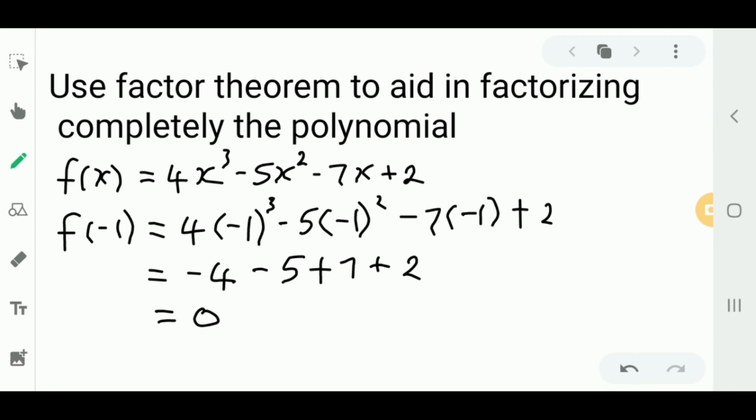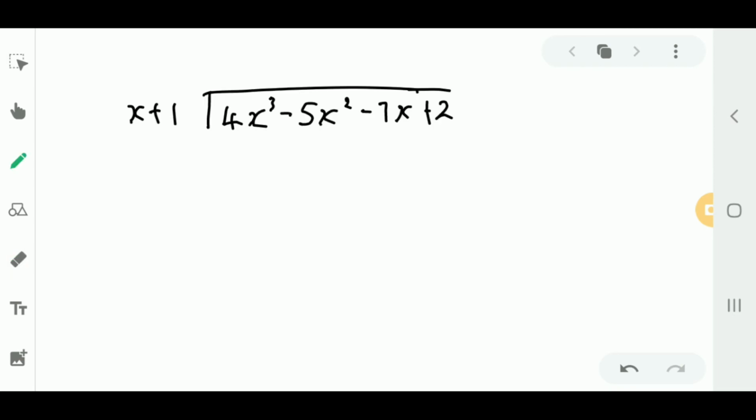So now that we found one factor, what we could do to find the other factors is trial and error again. But I would advise you to do the long division method. Because x plus 1 is a factor, we can use that to find the other factors. If you watched the previous video on dividing polynomials, it's x into 4x cubed, that gives us 4x squared.